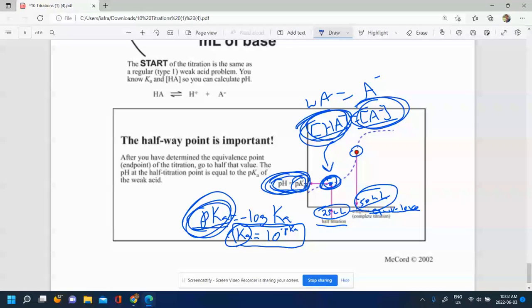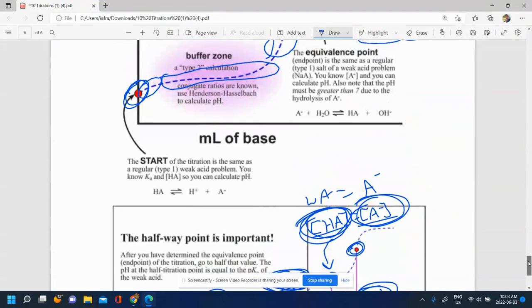So if I say, well, I know that my pKa is X, therefore my pH must be X. Well, oh look, I've reached X over here at 25 mL. I know that times 2, so I'm halfway to the equivalence point, is going to be 50 mL, and that's where my equivalence point will be. So that's another way you can rapidly find where your equivalence point would be using knowledge of this interesting relationship that exists here.